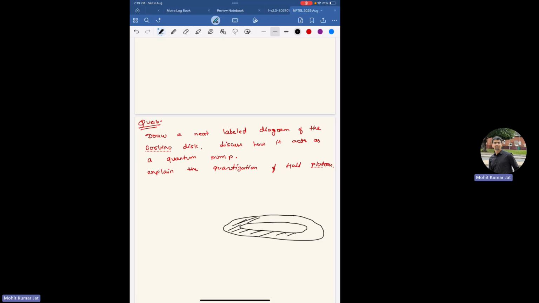This is your two-dimensional electron gas, and you measure the two-probe conductivity between this point A and your point B. These are your probes, basically, to measure the conductivity in the sample. And you are threading a flux phi by applying a perpendicular magnetic field, and let's say the radius here is kept small r, for example.